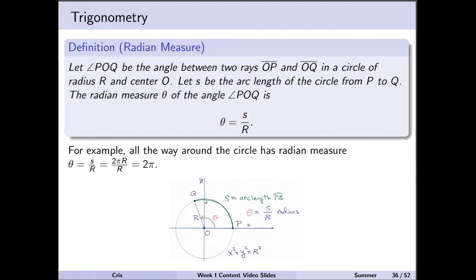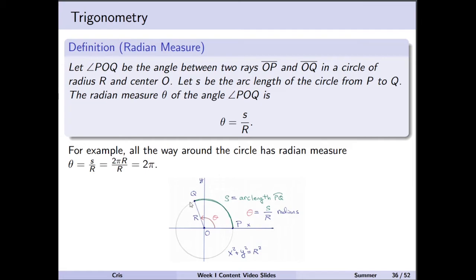If you walk the length of a second radius, maybe you'd go past this point. Maybe this is 1.7 radiuses or something like that, the way I've drawn it. But anyway, if you take the ratio of the arc length along the circumference S to the radius r, that's radian measure. You've just counted how many radiuses you've walked along the circumference. And that's the definition of radian measure.